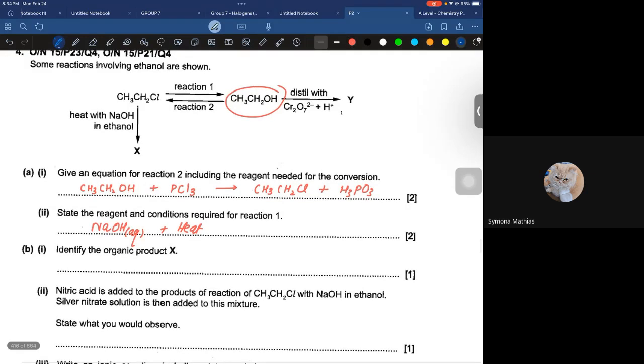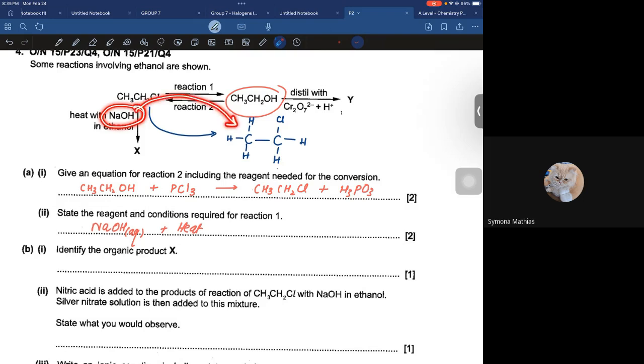Remember, this is a haloalkane, just like that. This is your chlorine, then hydrogen, hydrogen, hydrogen, hydrogen. This is a base. It's going to react with this molecule.